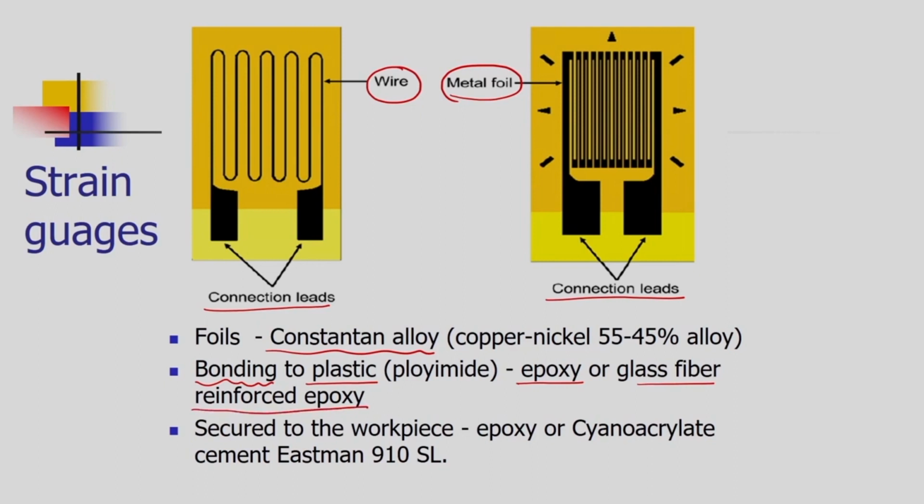And this entire strip, which has the metal foil or the metal wire and the plastic material, is secured to the workpiece by again using an epoxy or a special material, that is cyanoacrylate cement, Eastman 910 SL. So, these are the materials which help us paste the postage stamp size strain gauge elements on the machine tools or on the product of which we want to measure the strain or the displacement.